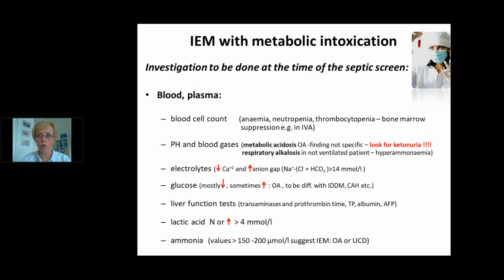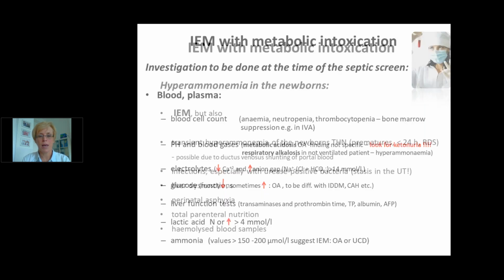And I would like to focus our attention especially on the ammonia. This is an investigation which should be performed always in all newborns suspected for severe sepsis or with some other difficult to explain symptoms, because ammonia is really a terrible toxin to the brain of the neonate and should be detected as soon as possible.